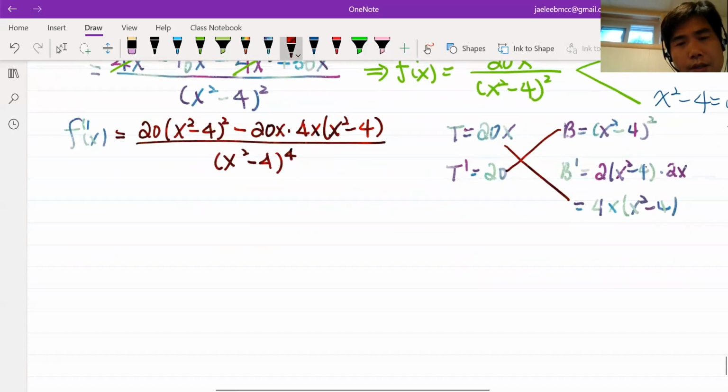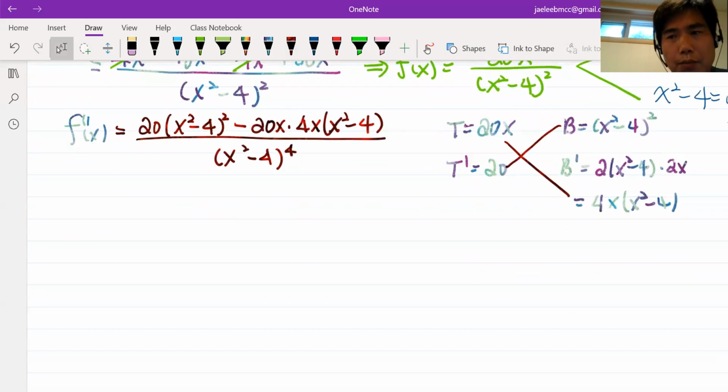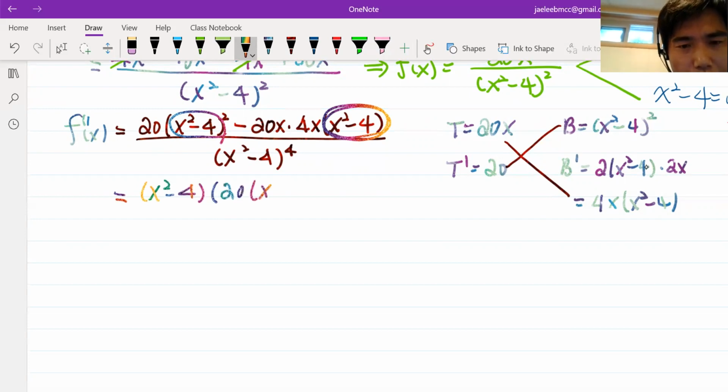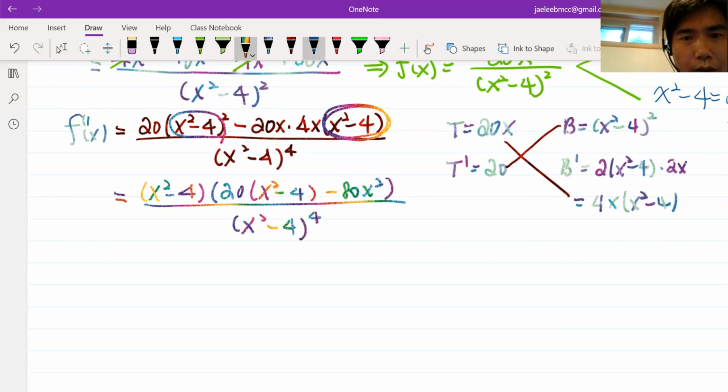Okay, simplify. This time I'm using the factored form, so that looks much easier. As you see, there is a common factor, because it appears here and here. So now we can take out x² − 4, and what is left over is 20(x² − 4) − 80x² over (x² − 4)³.